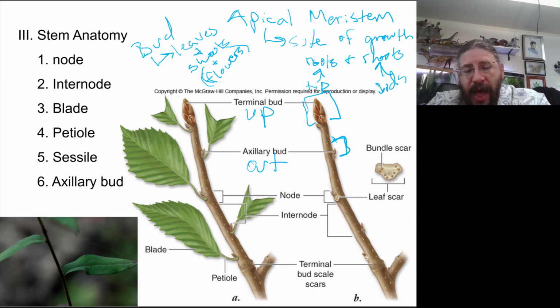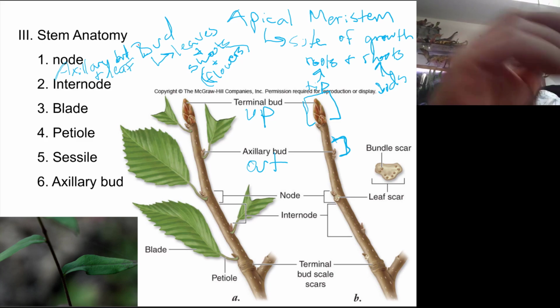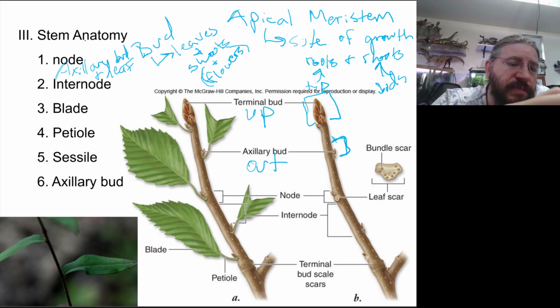Okay, so when we look at stem anatomy, we can identify a few features. A node is the location of the axillary bud and a leaf, and also a branch, if you're a branching plant.